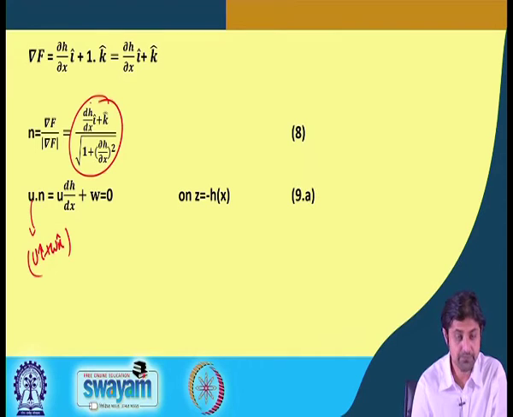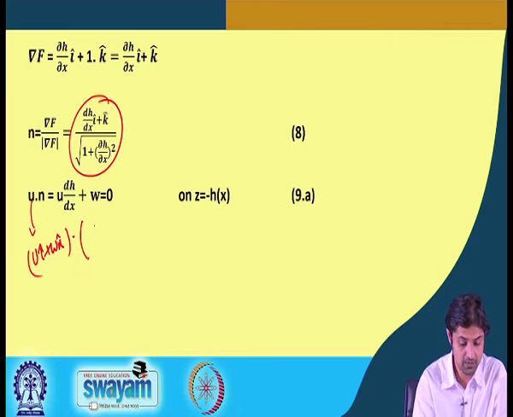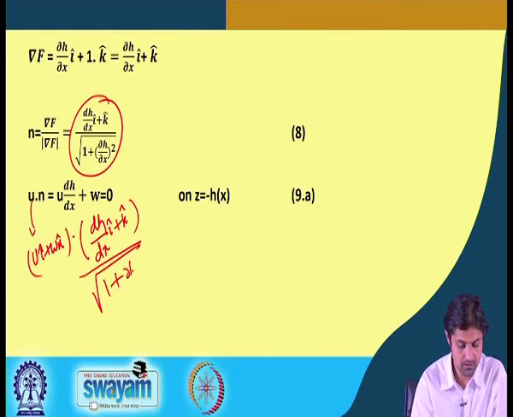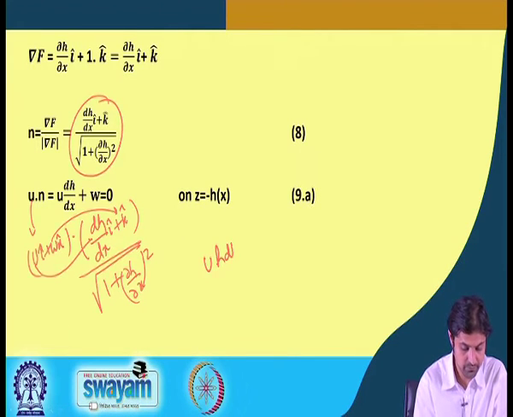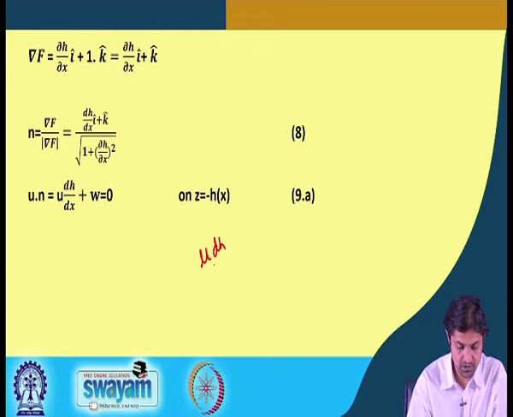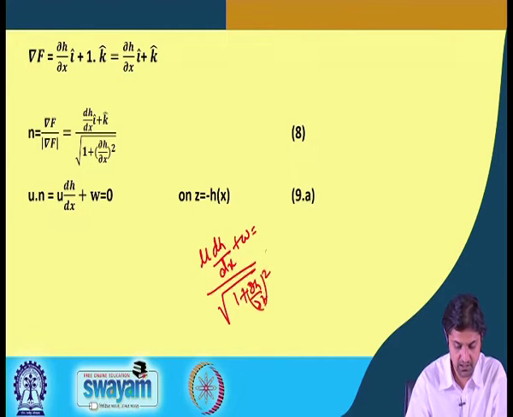If we do the dot product of u dot n, we get u dh dx plus w, multiplied by the factor with 1 plus dh dx whole square, is equal to 0.